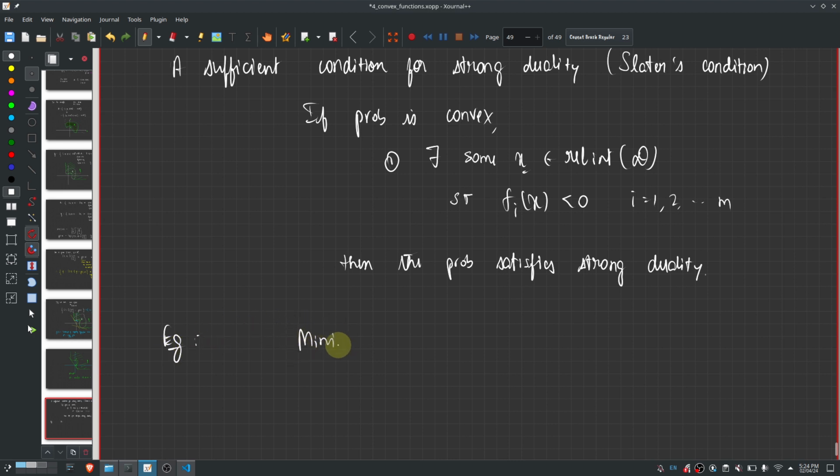Minimize e to the power minus x subject to the constraint that x square divided by y is less than or equal to 0, and the domain where this is defined is, your D is the set of all x comma y such that y is greater than 0.